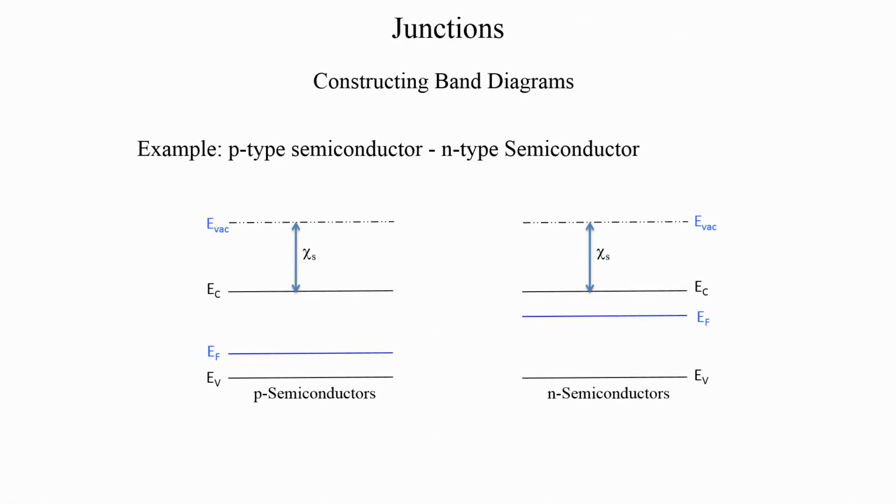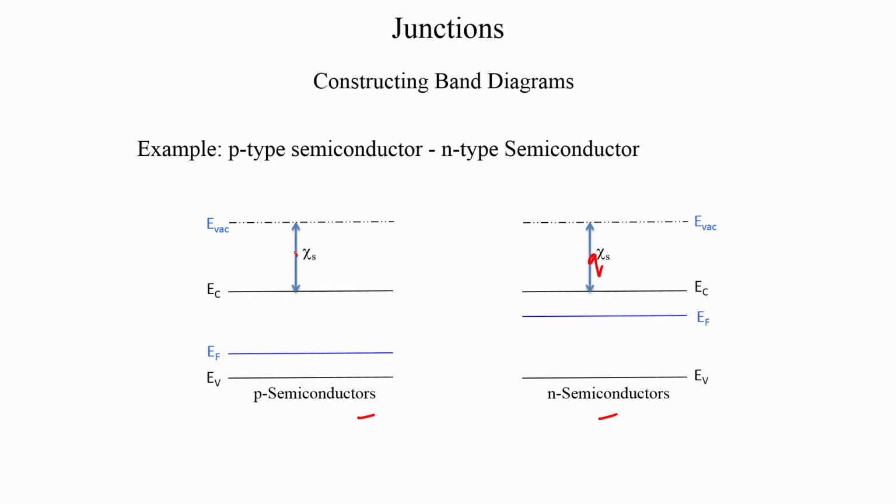Just to complete this, let us go to another example. Let us take a p-type semiconductor and an n-type semiconductor, and let us try to create a junction. So, this is your very well known p-n junction. It is the same semiconductor. So, here that is my electron affinity, that has to be constant.